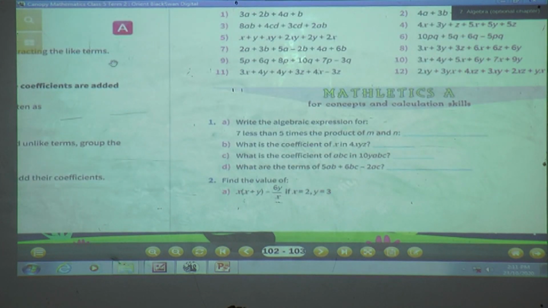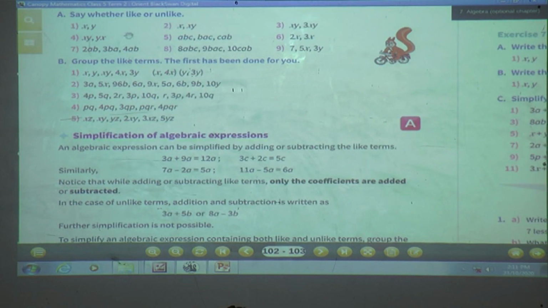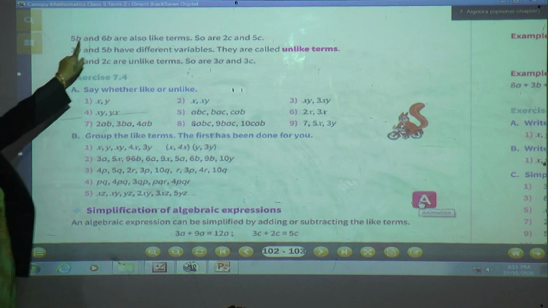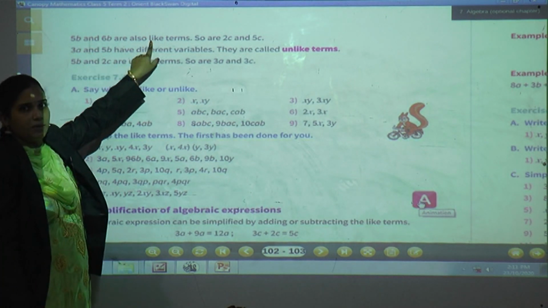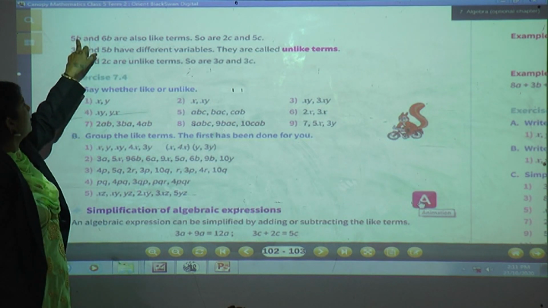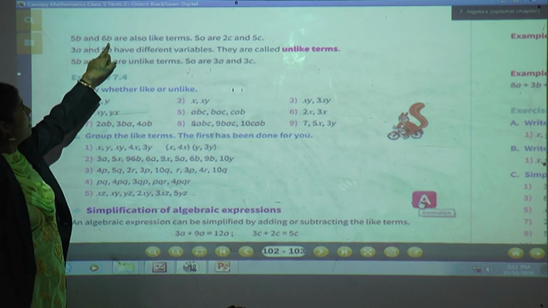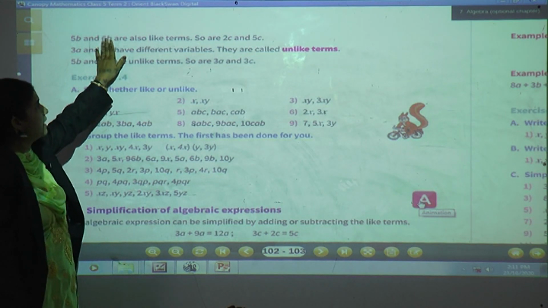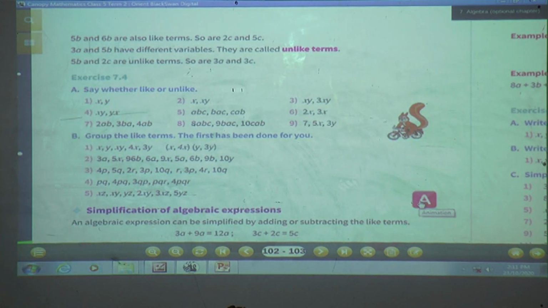Okay, we'll see here on the page number 102. See, 5b and 6b are also like terms because only the coefficients are different but the variables are same, so that's why they are like terms.